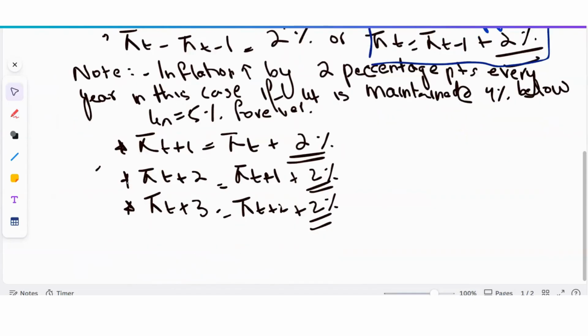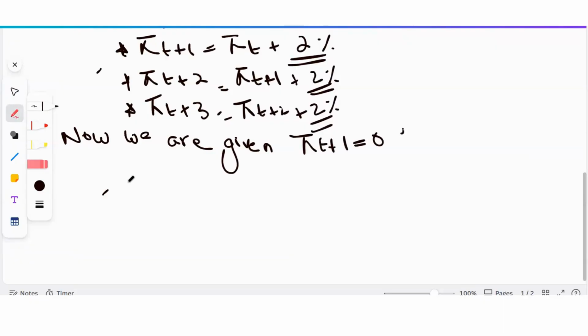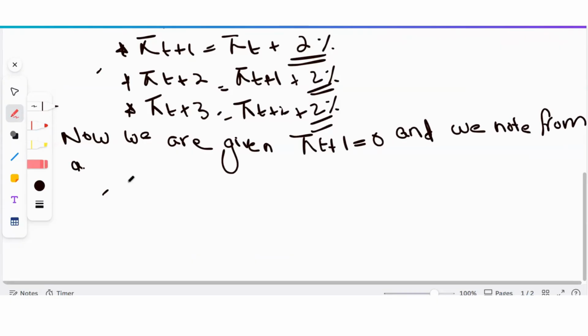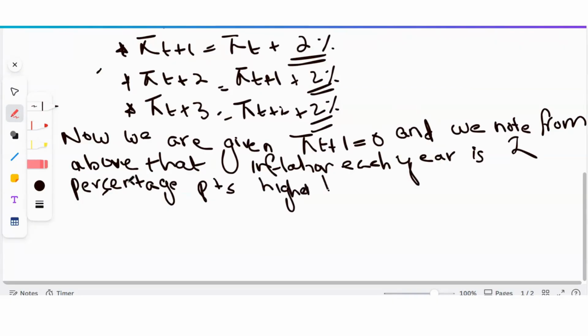So we're given pi t plus 1 is 0, and we note from above that inflation each year is 2 percentage points higher than the previous year.